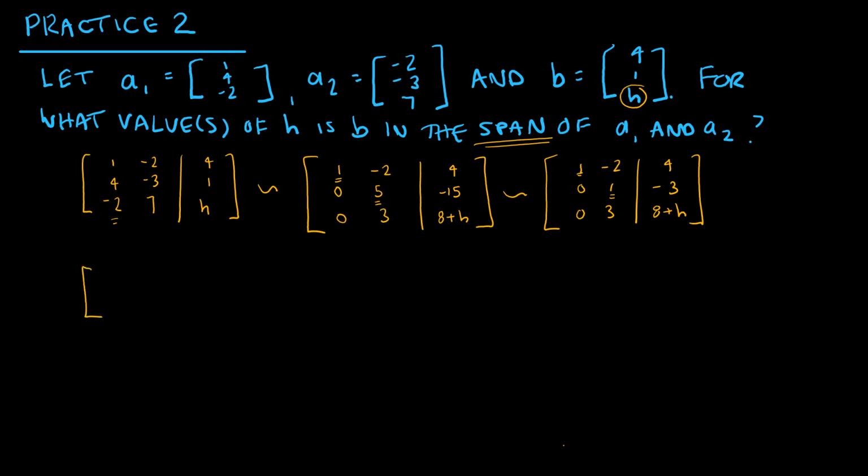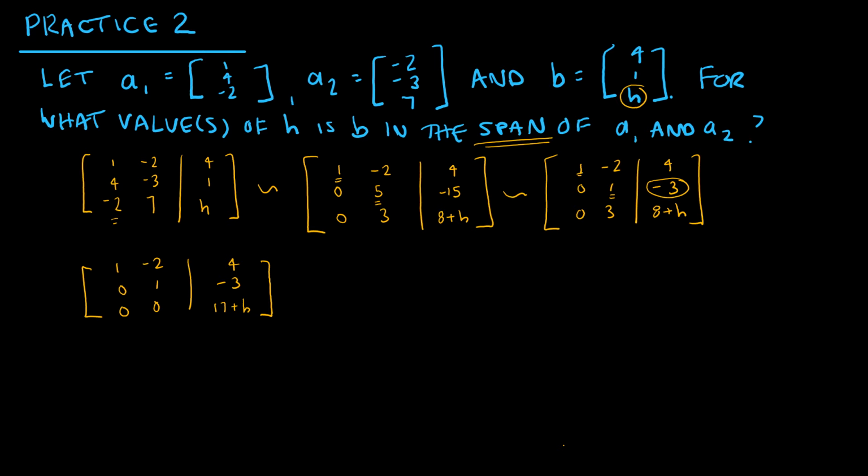Row 1 and row 2 remain the same. That gives me 0 here, and 0 here, and negative 3 times negative 3, which is 9, plus 8, which is 17 plus h.